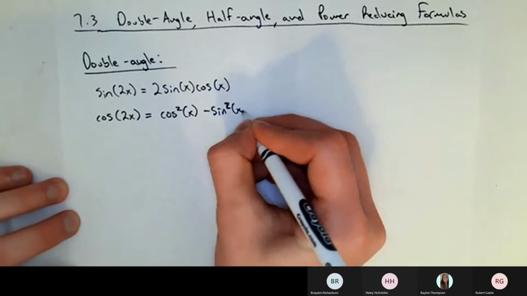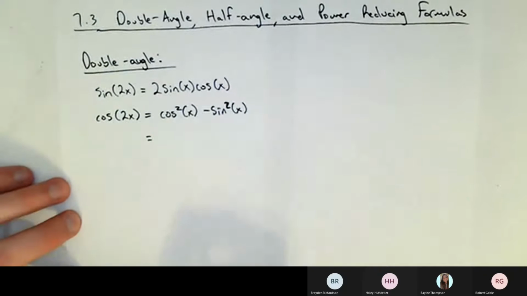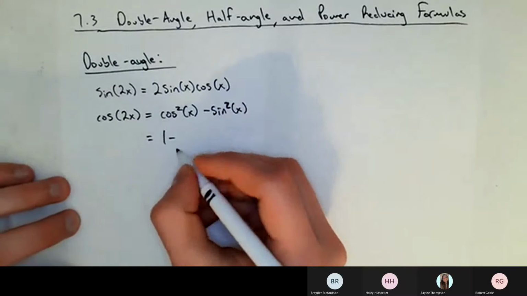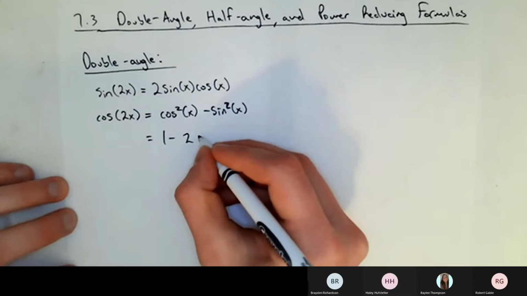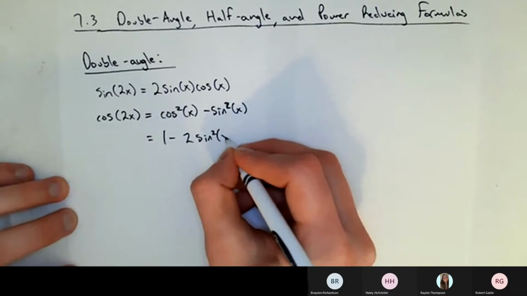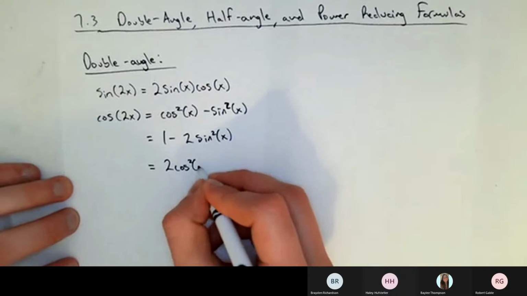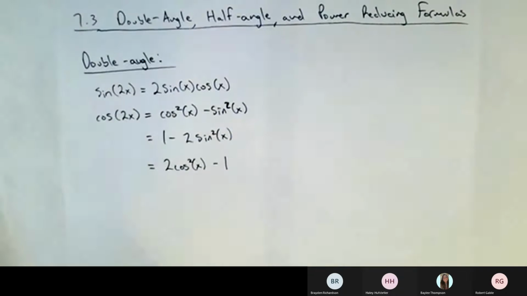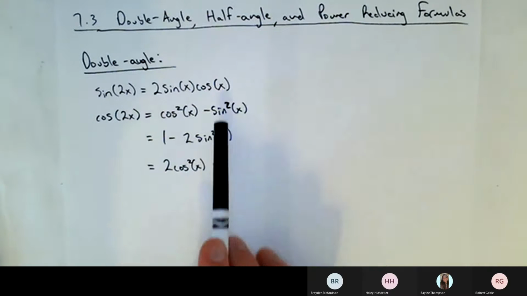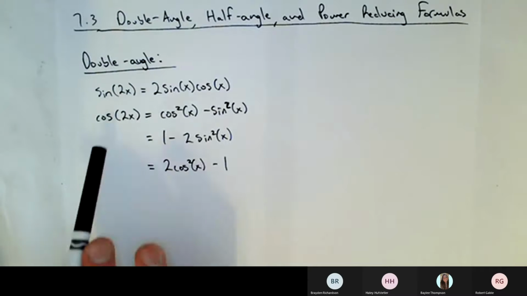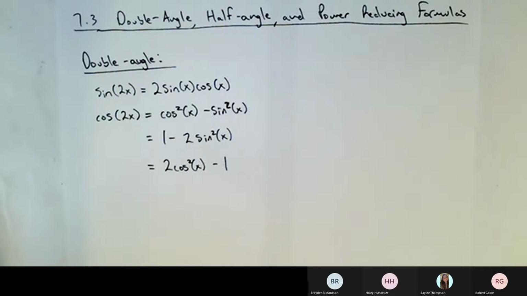And the reason I have 3 different formulas for cosine of 2x is just a consequence of that addition subtraction formula for cosine from 7.2. The formulas are such that it allows us to write down 3 different forms of the cosine of 2x formula here.